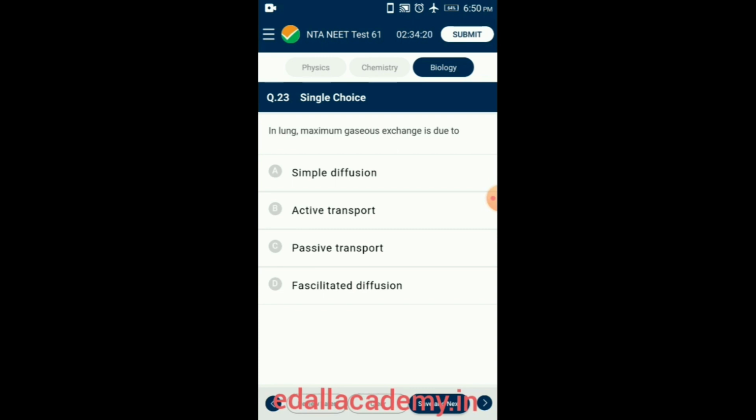In passive transport, ions or molecules crossing a membrane move down their concentration gradient and no metabolic energy is consumed. Facilitated diffusion is a special type of passive transport where specific permeases in the membrane facilitate the crossing of solutes. Active transport uses specific transport proteins called pumps, which use metabolic energy, that is ATP, to move ions or molecules against the concentration gradient. So the answer for this question is option A, simple diffusion.